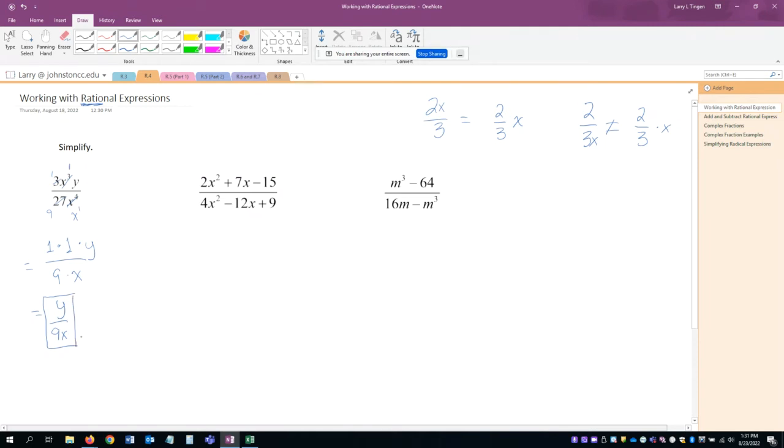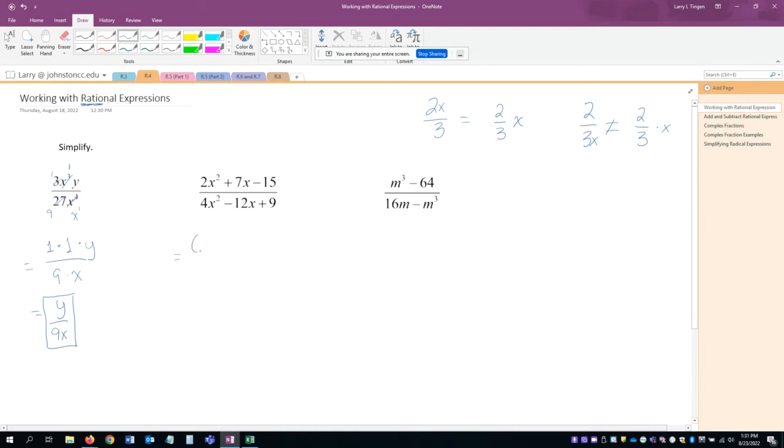All right. So next, we've got a little bit of work to do here. 2x squared plus 7x minus 15 divided by 4x squared minus 12x plus 9. Both of these will factor. All right, 2x squared plus 7x minus 15.